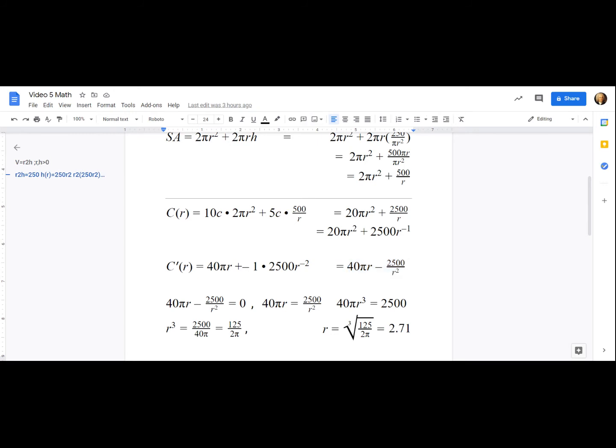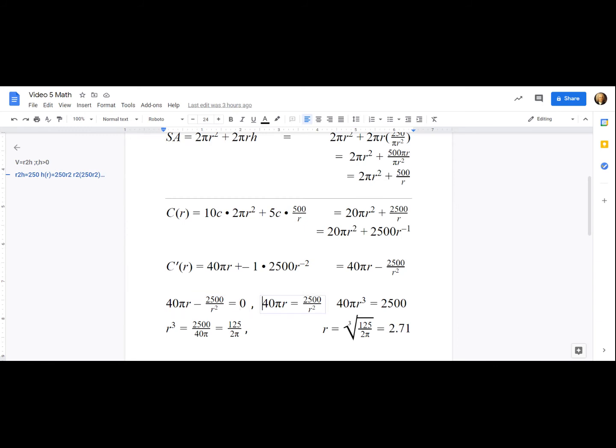Now, like I said, the critical value is the value in which the derivative equals 0. So we set the derivative of the function equal to 0. So 40 pi r minus 2500 over r squared equals 0. And when the difference of two terms equals 0, that means that they are equal to each other.